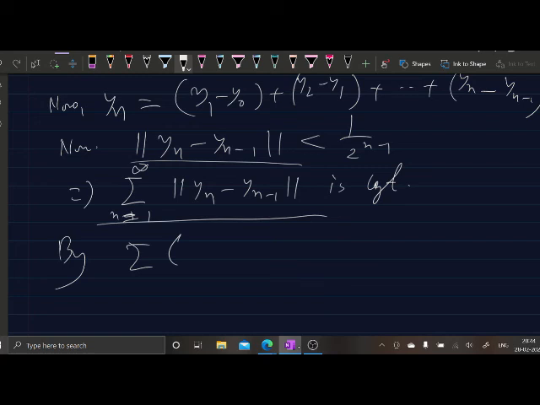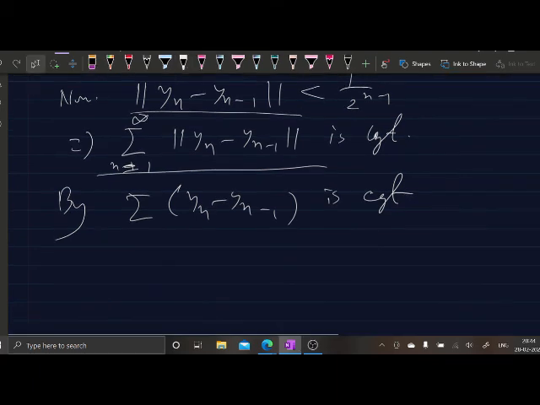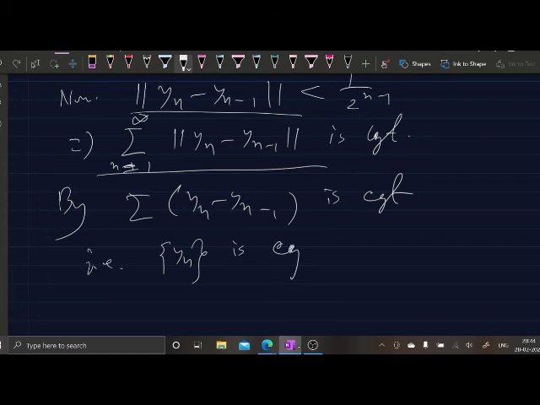So summation of yn minus yn minus 1 is convergent. Now what is that summation? It is the sequence yn in X.